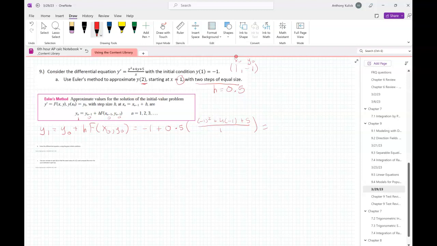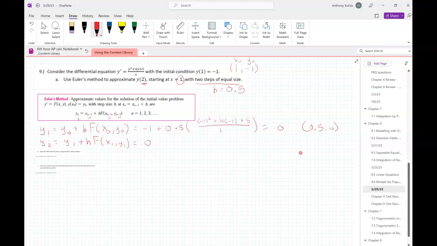So at that point, it's just calculator time. Let's see, I should be able to do this in my head. That's going to be 2, so that gives me a 0 there. So we have 0.5 comma 0 as that first approximation. And then y2 is going to be y1 plus h times f of x1 comma y1.